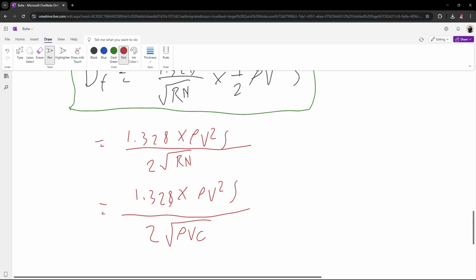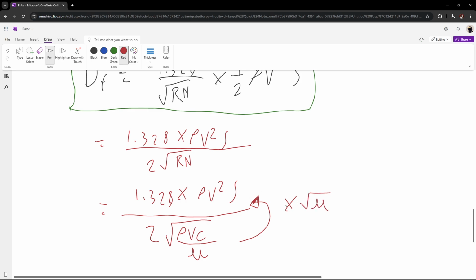However, since nu is below, we can transpose it to the other side, so multiplied by nu.